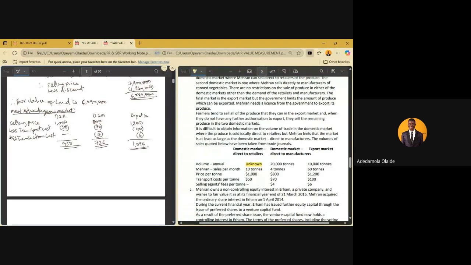And based on all of this, the most advantageous market is the export market. However, fair value in that market will be what? The selling price in that most advantageous market.